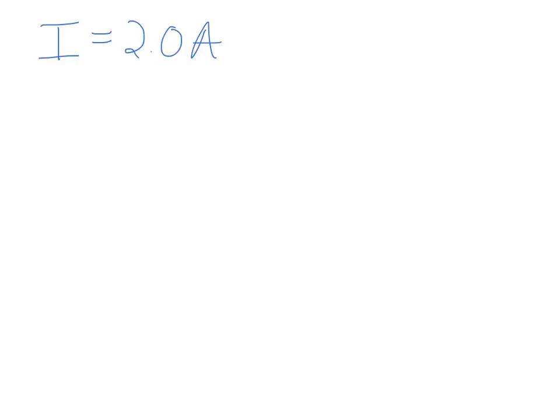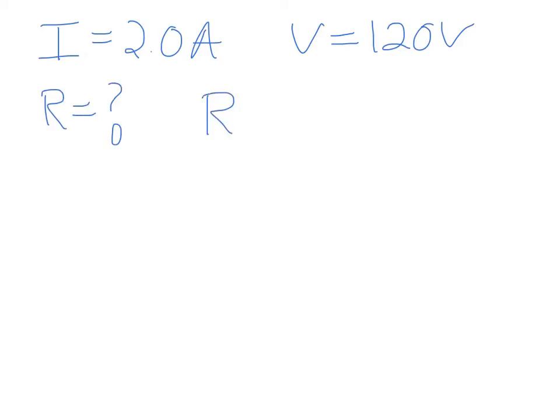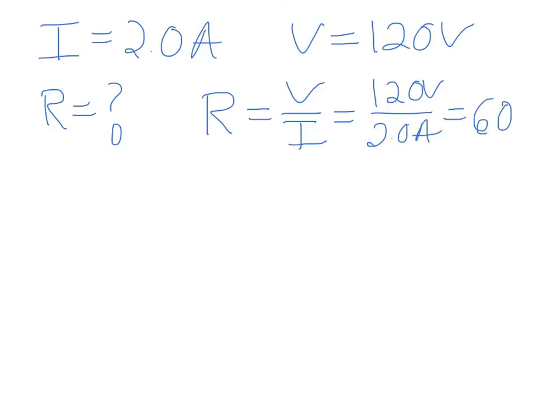And I know that in my house, the wall sockets are 120 volts. And the first thing they want to know is the resistance of the TV. So resistance is voltage divided by current, 120 volts over 2 amps. So the resistance of the TV must be 60 ohms.